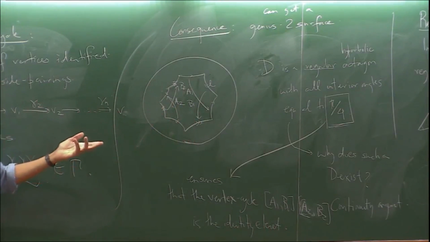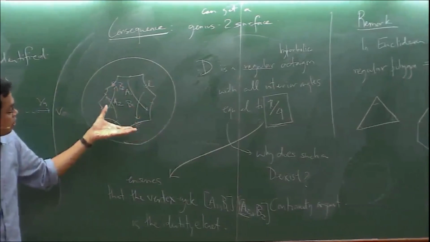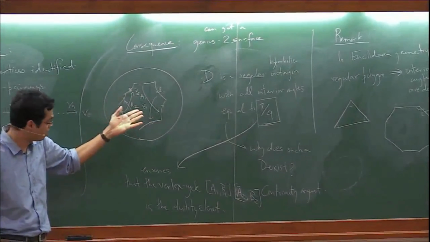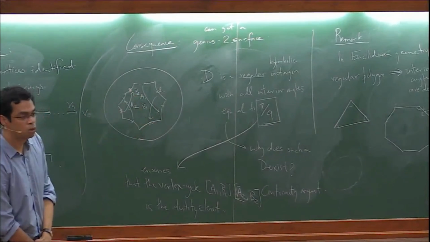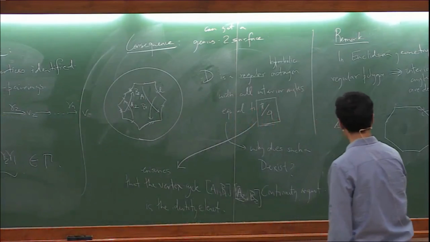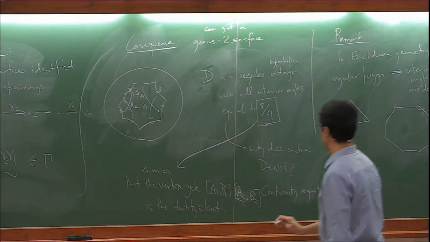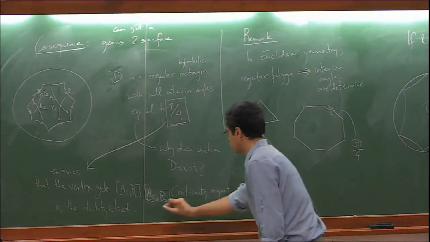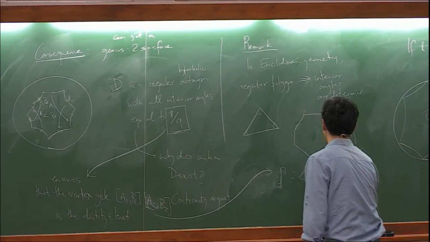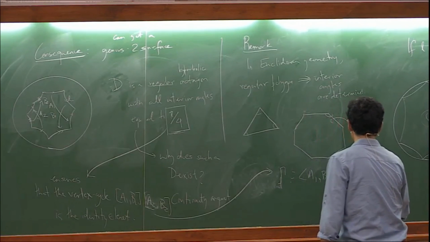And what Fuchsian group do you get? Topologically, if you take such a polygon with 8 sides and identify sides in this fashion, you get a genus 2 surface. So this implies that gamma, generated by A1, B1, A2, B2, is a Fuchsian group.